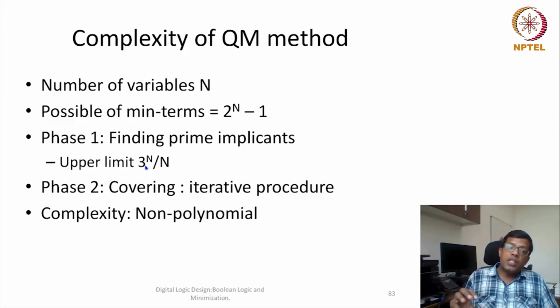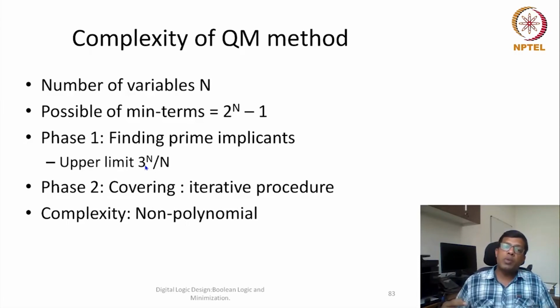But if the complexity is equal to 3 to the power n, it increases exponentially as n increases. This essentially means that if the number of variables in the logic minimization is of the order of 3, 4, 5, 6, we would be able to find an optimal solution using K-map or the Quine-McCluskey method.